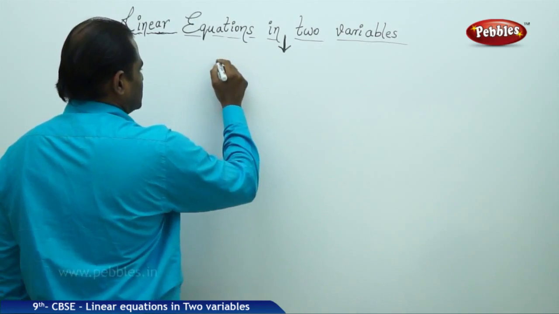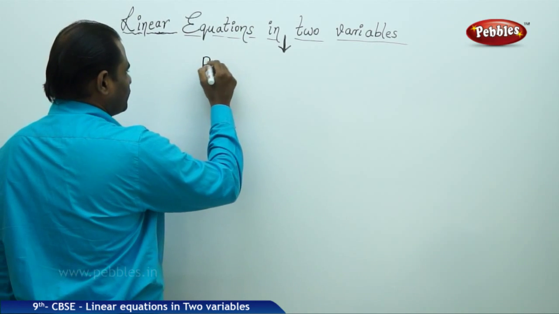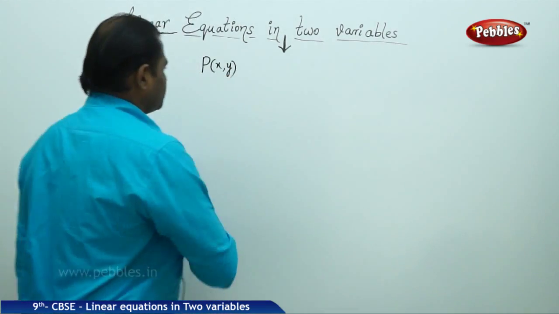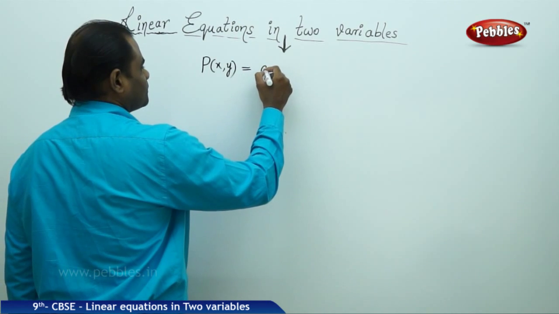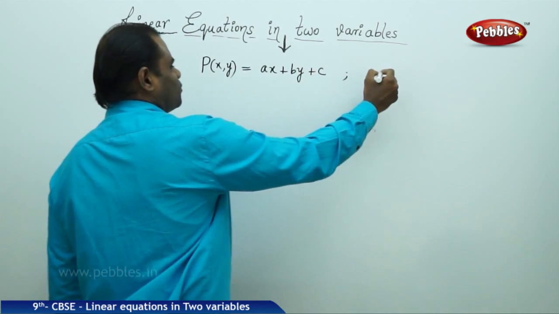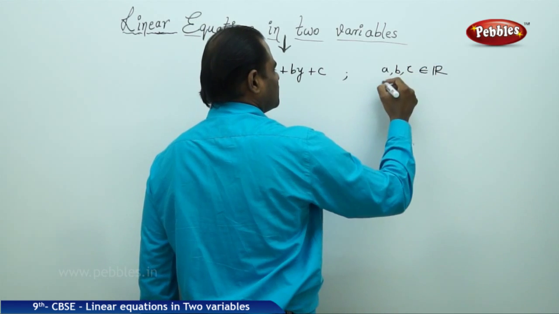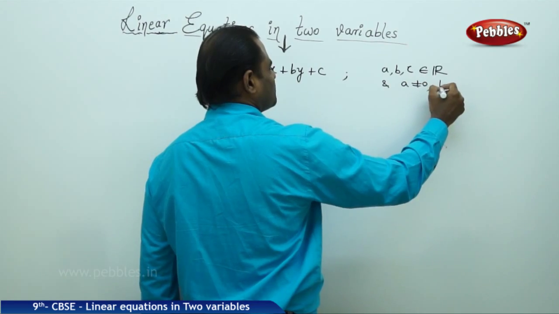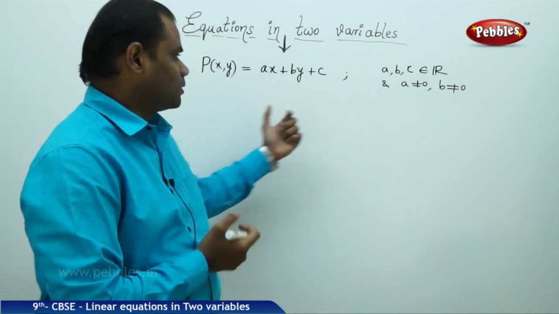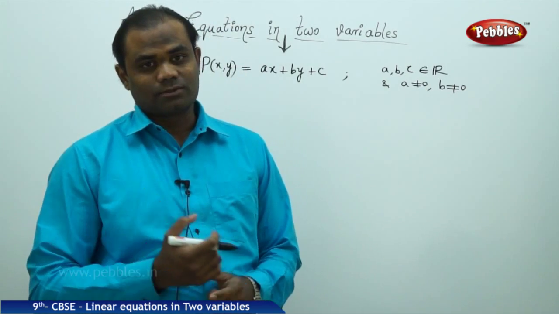Let's recap with the linear polynomial, which is defined as follows: a polynomial p of x comma y is said to be a linear polynomial in two variables x and y if it is equal to ax plus by plus c, provided all the constants a, b, c belong to R and a not equal to 0 and b not equal to 0. This is how we define a polynomial with a, b, c belonging to real numbers and a not equal to 0 and b not equal to 0.